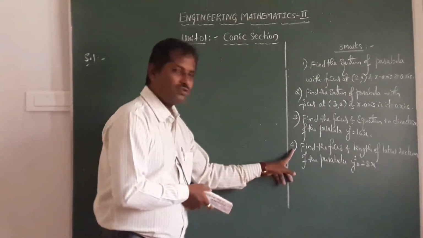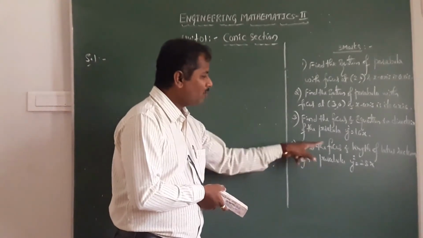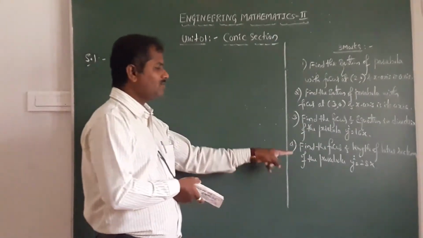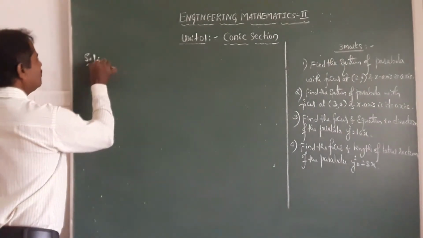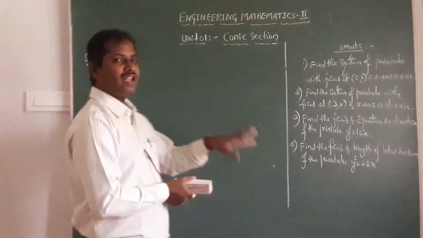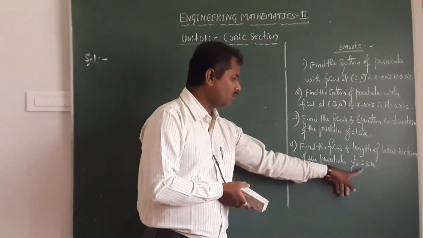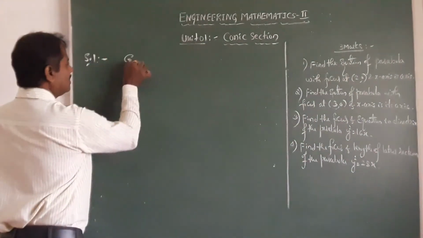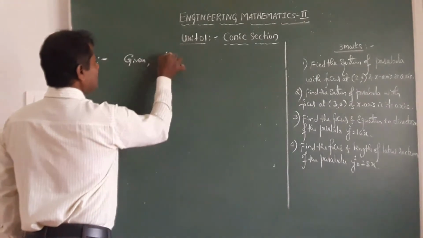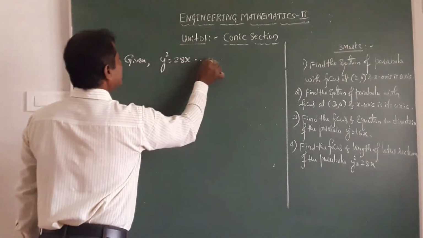Okay, the next question will be: find the focus and length of latus rectum of the parabola y square is equal to 28x. So how to find the focus and length of latus rectum of the parabola y square is equal to 28x? Here the equation of parabola is y square is equal to 28x.